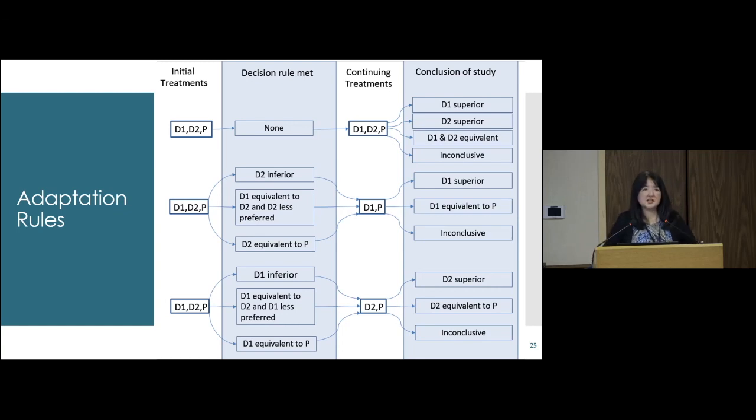These rules are set ahead of time, and we actually use a lot of simulations to model based on the population and the data that we have, using a Bayesian approach.